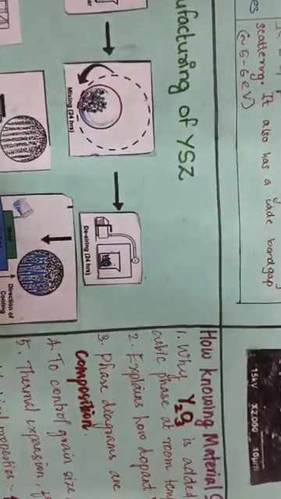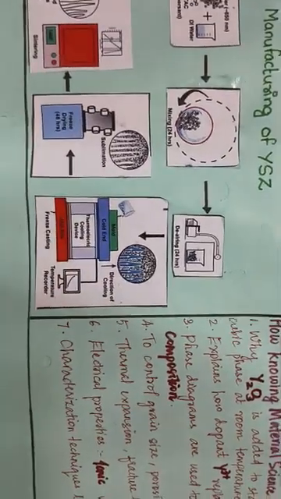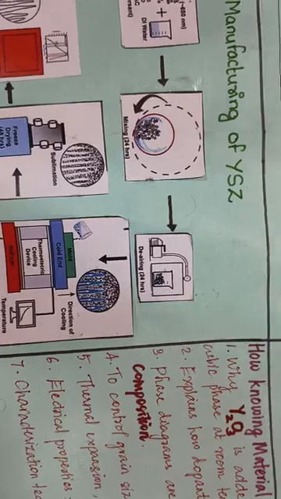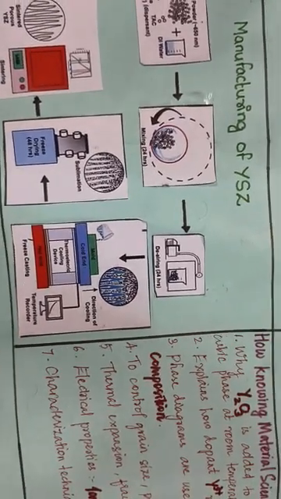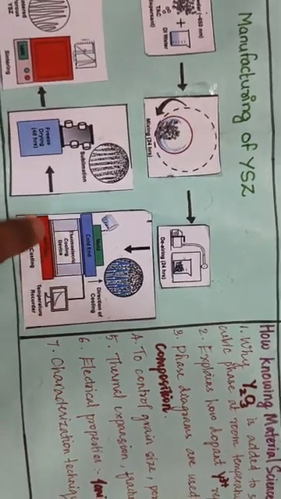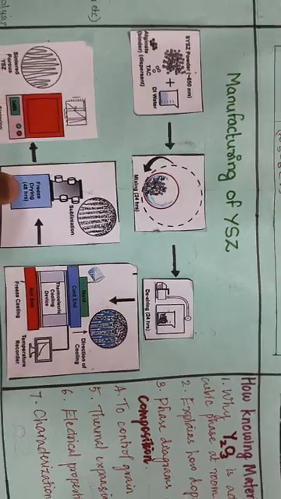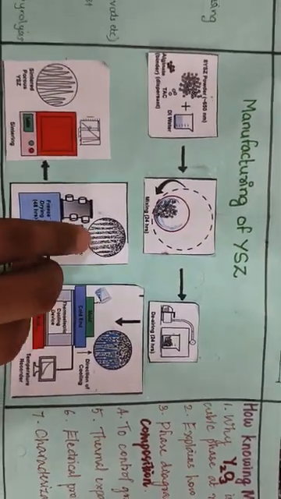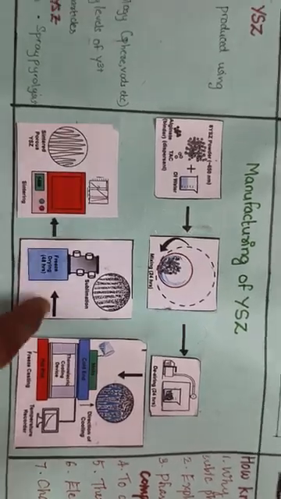After mixing, we remove the air from this mixture, and then we freeze cast it, and we record the temperature of this device, after which we freeze dry it for 48 hours. After sublimation, we get the porous YSZ, which we then sinter.